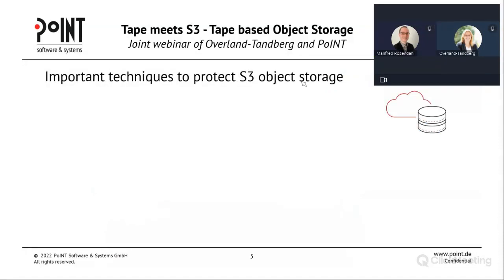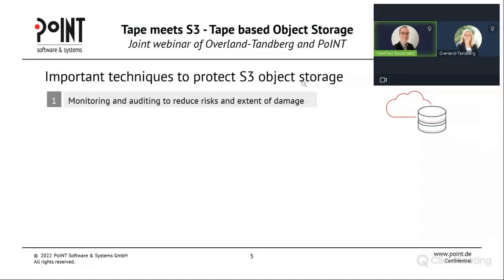So let us take a look at what techniques are available to protect object storage. First of all, in general, it is of course important to monitor a system to reduce the risk and extent of the damage. The permissions on a bucket must be limited to a minimum by using access lists and user roles.